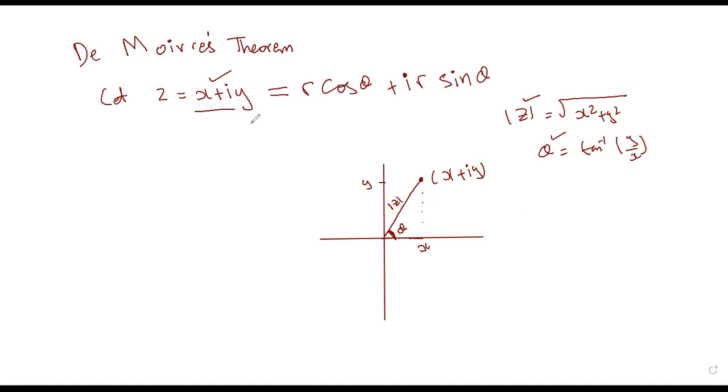One thing you can notice from here is that if this is x, here we have r cos theta, and if this is y, here we have r sine theta. This is a right angle triangle, and if I want to find this x, how am I going to find it? Basically, we can use cos.